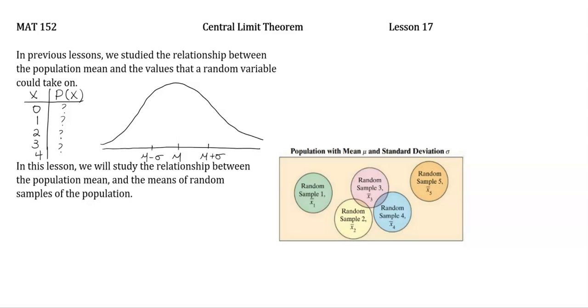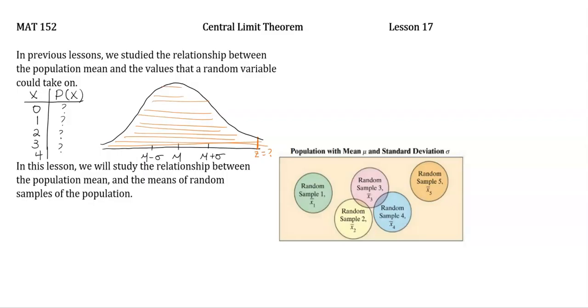For example, like what we did with Kevin Hart and Shaquille O'Neal, we were able to find the probability that a man would be shorter than Shaquille O'Neal. What we would do is find Shaquille O'Neal's z-score, and then once we knew that z-score, we would find the area to the left of that.